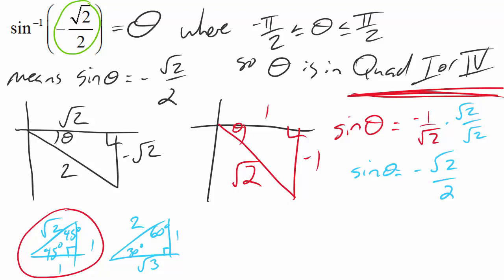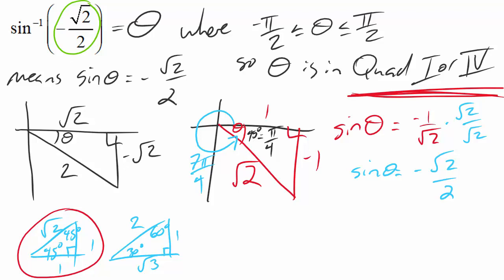Now remember, I mentioned that this was the 45-45-90 triangle, which means our reference angle would be 45 degrees. We want this in radians, so that would be pi over 4. But that's a reference angle. To change it to what we're looking for, we can go one of two directions. We can go all the way around the circle, which would give us 7 pi over 4.